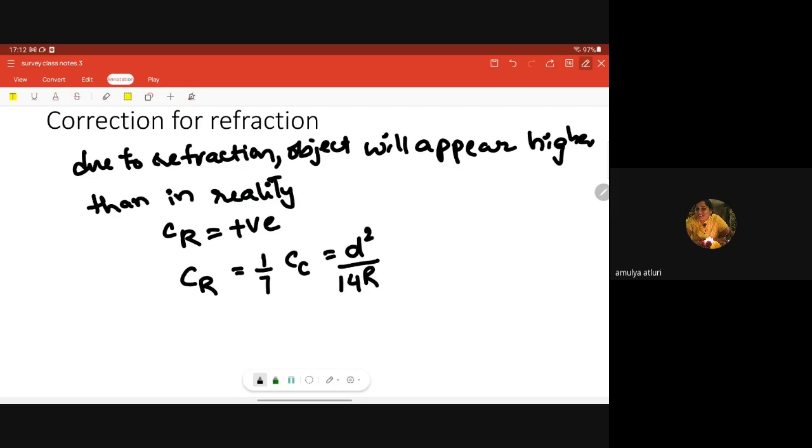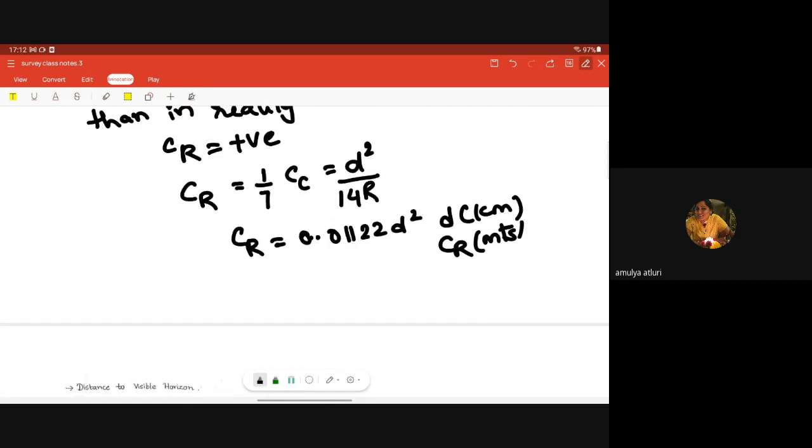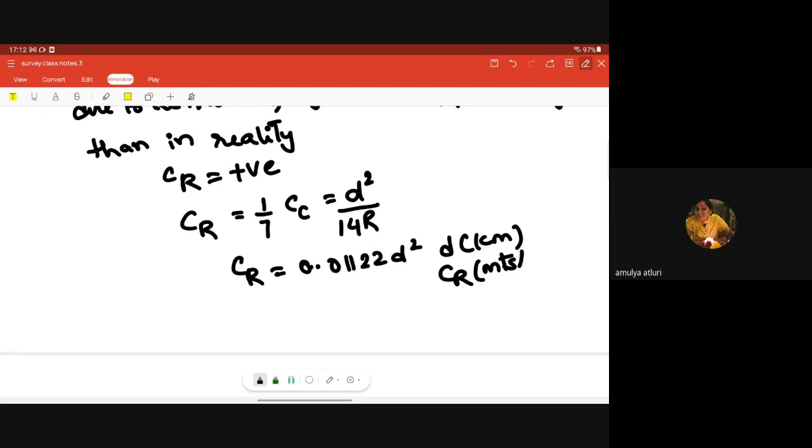And if we substitute the radius of earth value, then CR will be 0.01122 d square. D is in kilometers, CR is in meters. Okay, got my point.